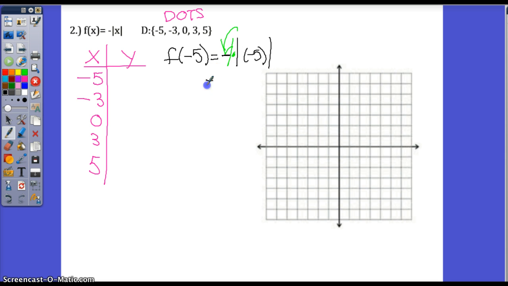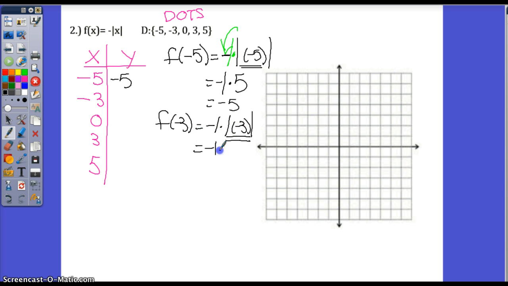So we have negative 1 times the absolute value of negative 5, which is 5, so we get negative 5. F of negative 3, again that negative, and I'm even going to write it as negative 1 times the absolute value of, in parentheses, negative 3. Take the absolute value, we get negative 1 times 3, which equals negative 3.